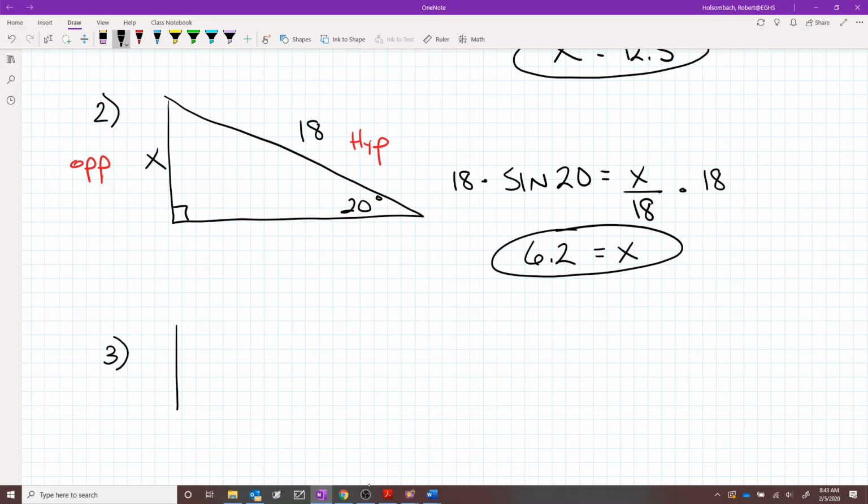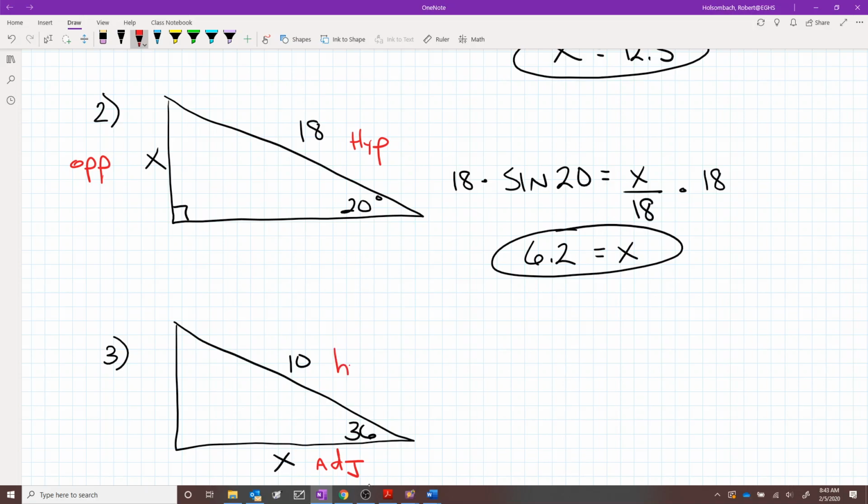Number 3. 36-degree angle. Hypotenuse is 10. Adjacent side is x. When you're working with adjacent and hypotenuse, adjacent and hypotenuse is cosine.